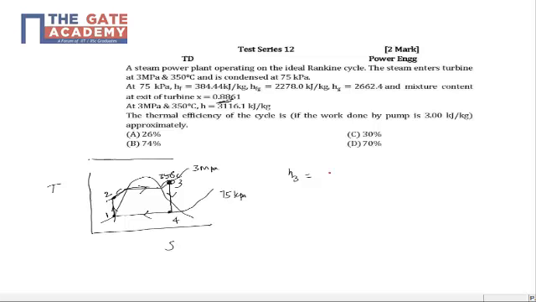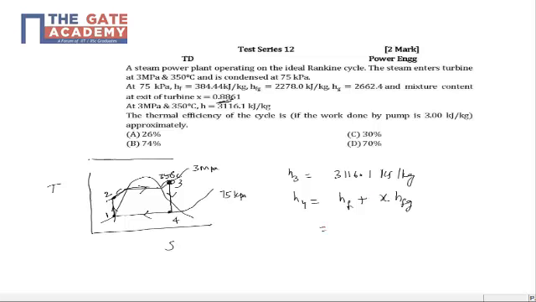So H3 is basically given, the enthalpy is 3116.1 kilojoules. All these are kilojoules per kg values. H3 is given. Now H4 can be found out because it's in the saturated domain, so H4 equals hf plus x times hfg.